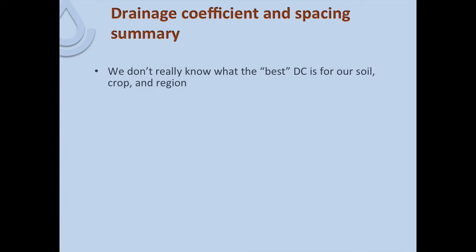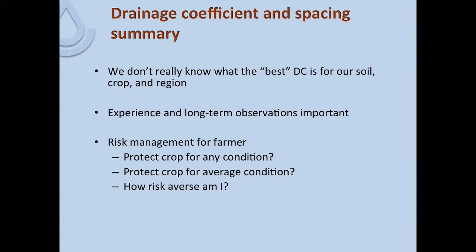So looking at kind of a summary of drainage coefficient and spacing, we generally don't have enough data to really know what the best drainage coefficient is for our soil, crop, and region. And so again, experience and long-term observations or guidelines are important, but it all boils down to risk management for the farmer.